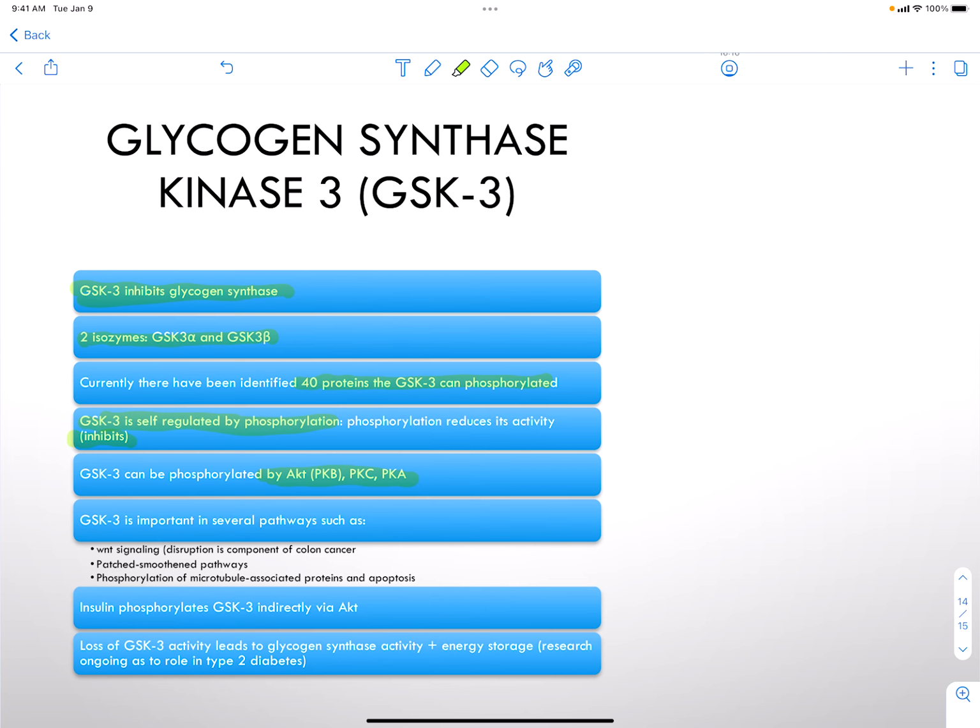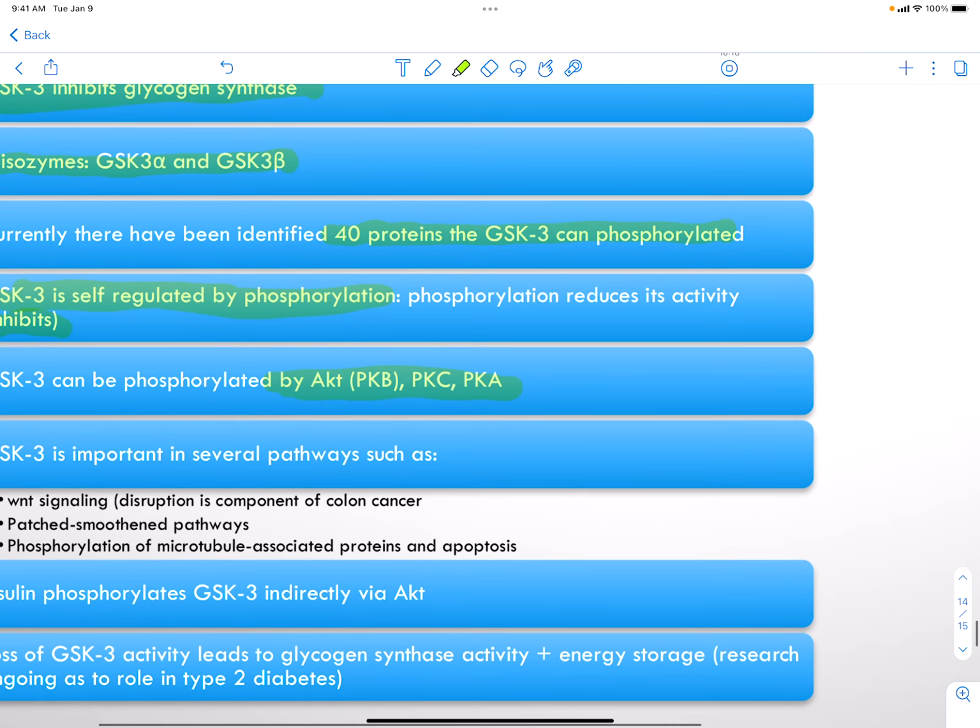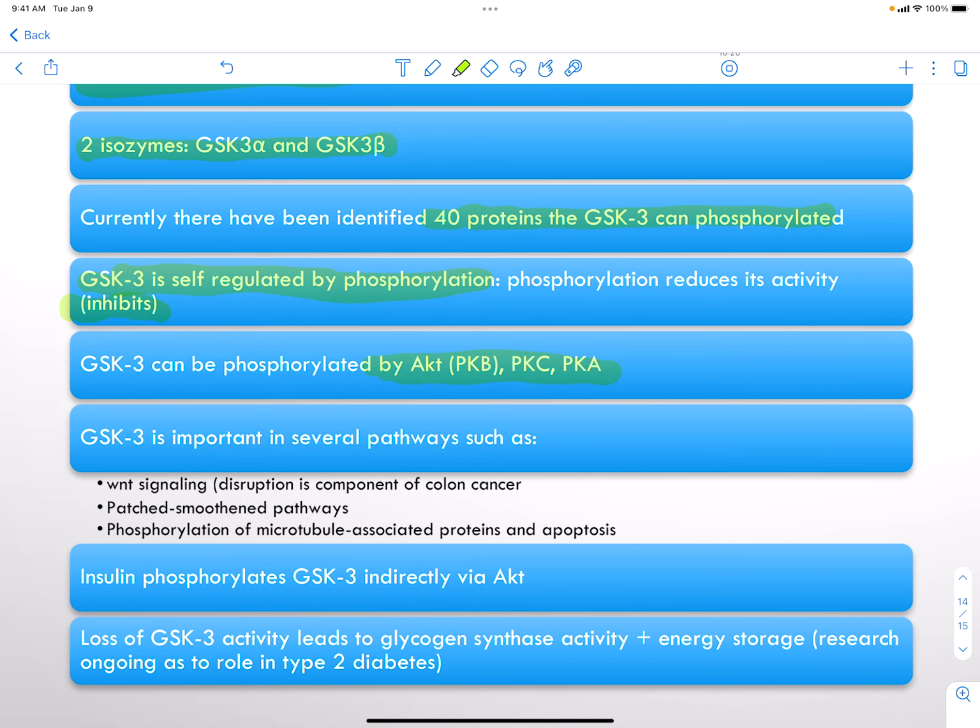Now, there are other pathways that are important for this, and there's something called Wnt signaling. And Wnt signaling has an association with colon cancer. We have patched-smoothened pathways. These are regulatory pathways that, when they get disrupted, are also going to be associated with cancer.